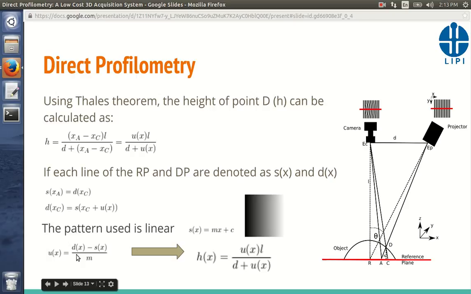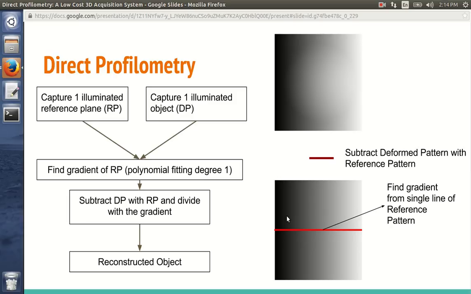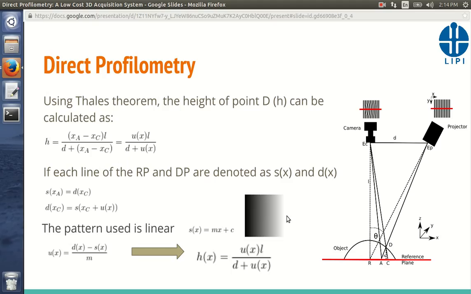In our equation, the shift function will be dx minus Sx divided by dm, where m is the gradient of each line in the reference plane, the reference pattern.